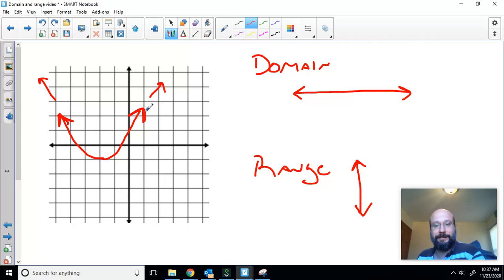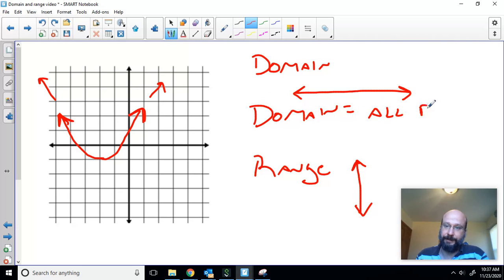The rightmost point is an arrow, so that's positive infinity. So this type of graph has a domain, an x, of all real numbers, because of the arrows.